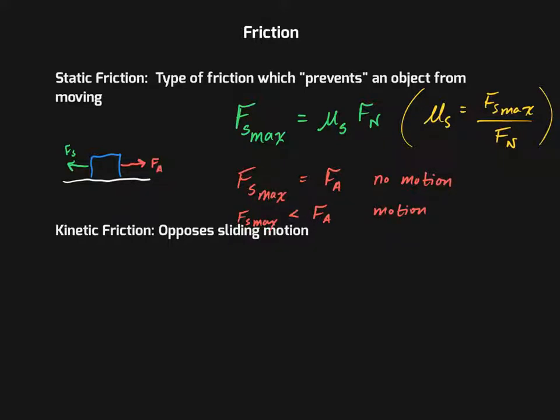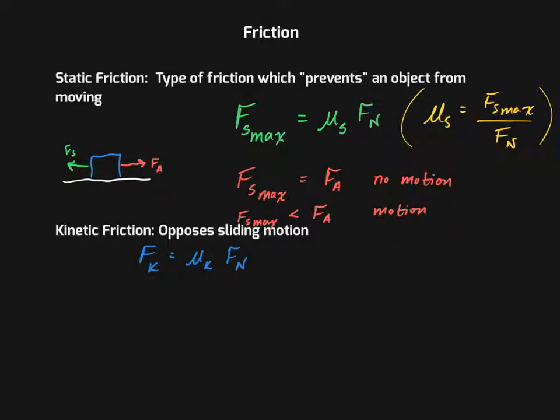Now, our second type of friction is kinetic friction. And kinetic friction, well, kinetic means motion. So kinetic friction is our frictional force which opposes sliding motion between two objects. Now, we have an equation for this. We can say that Fk is equal to our coefficient of kinetic friction, multiplied by, again, our normal force.